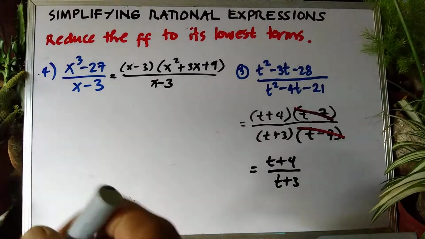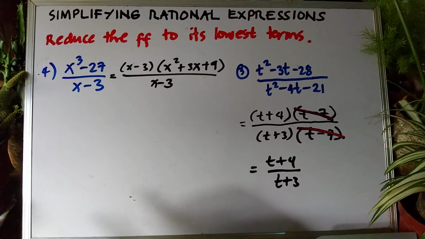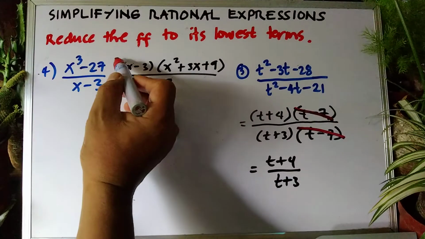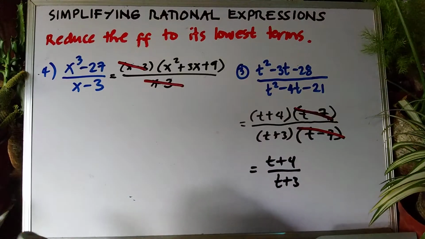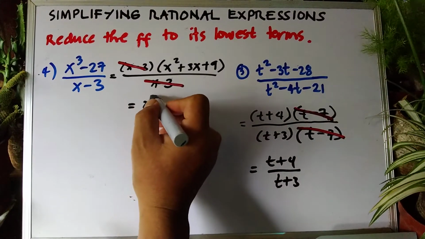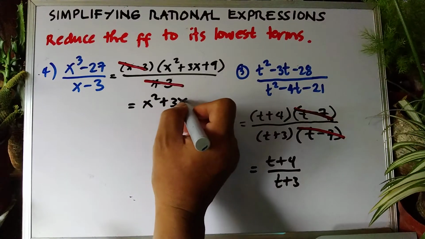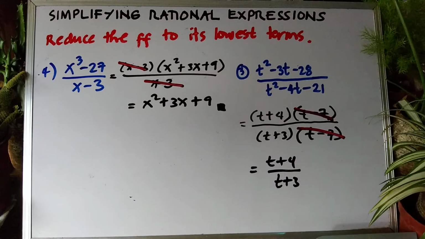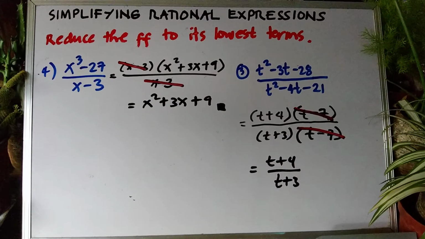Okay? So now we could see the common. Their common is x minus 3. Okay, we could cancel x minus 3. So your answer here is x squared plus 3x plus 9. Okay? As simple as that.